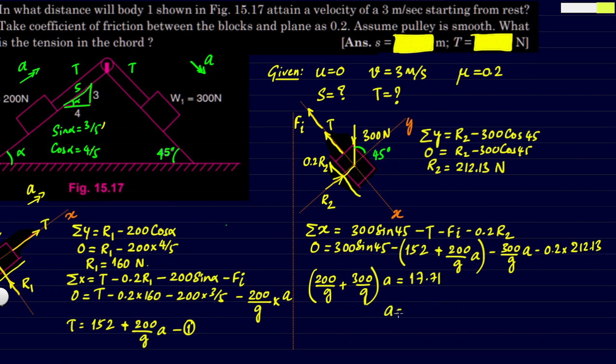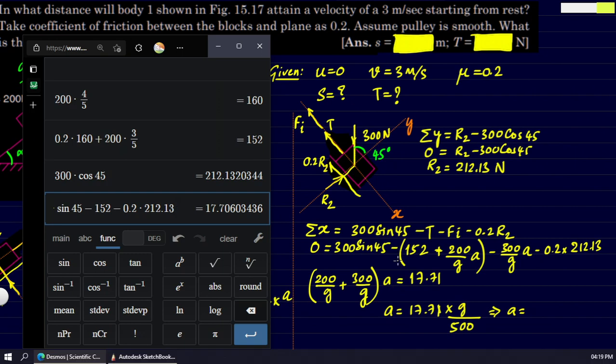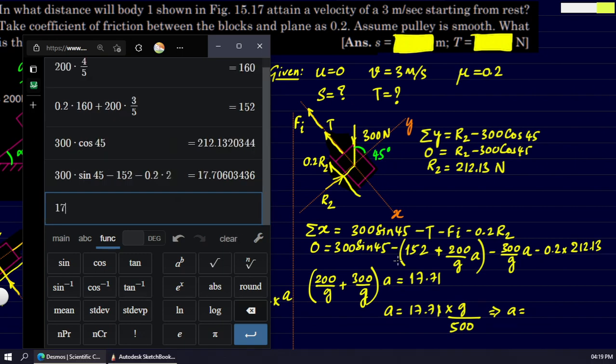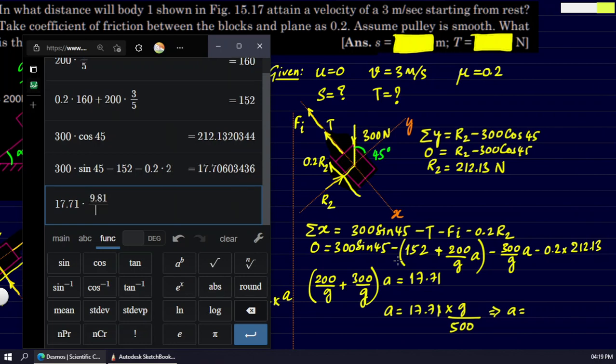So acceleration will be 17.71 times g divided by, because the denominators are same here on the left, we can just add their numerators, that will be 500. So this implies that acceleration is equal to 17.71 into 9.81 divided by 500, which is coming out to be 0.347.